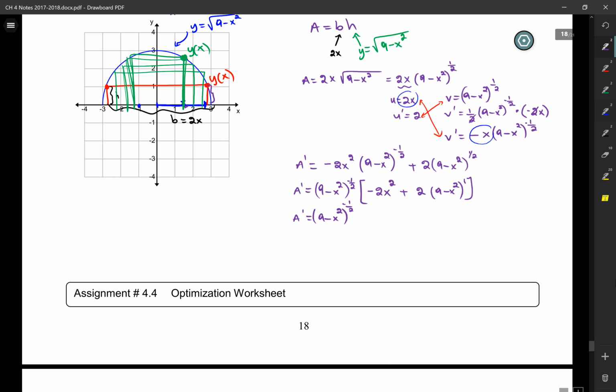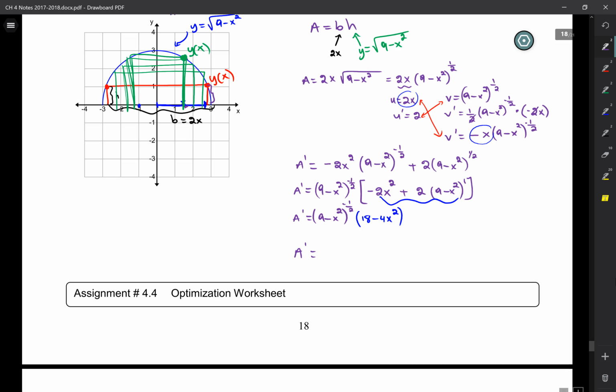This is now just some algebra. So negative 2x squared plus 2x squared, what happens with that? Right. So that's going to be negative 4x squared and then plus an 18. So it's going to be 18 minus 4x squared. Okay? And we hate negative exponents.